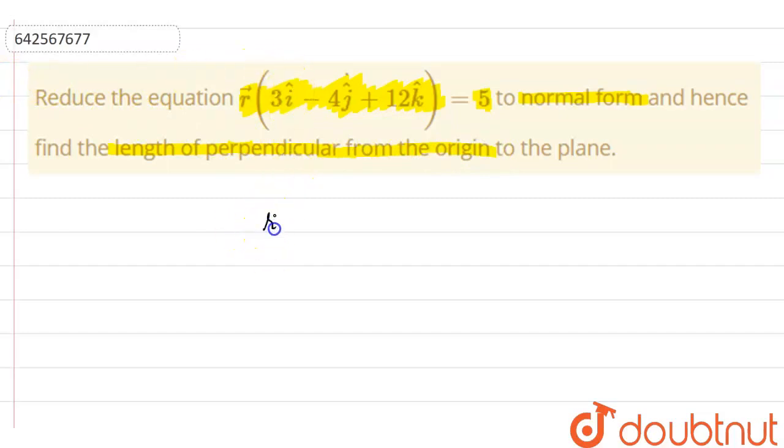So here we have r vector dot (3i cap minus 4j cap plus 12k cap) equals 5. Now here we can see that this equation is of the form r vector dot n vector equals d, right?